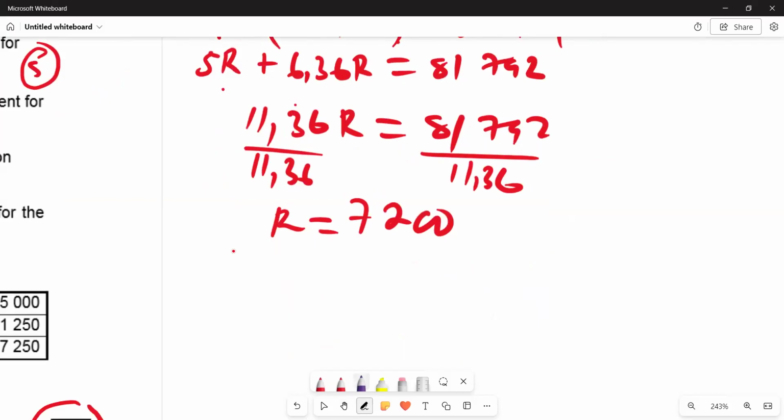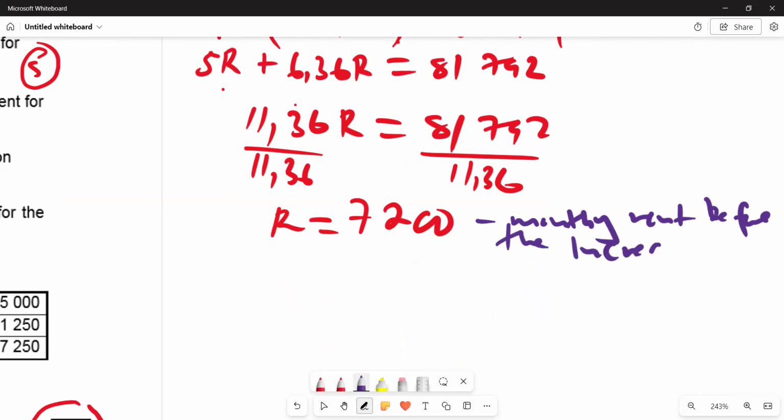This one is the monthly rent before the increase. Then after the increase, we are saying 7,200 times 1.06. Let's multiply. We are going to get 7,632.